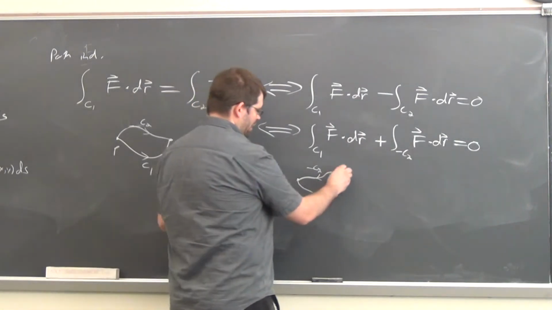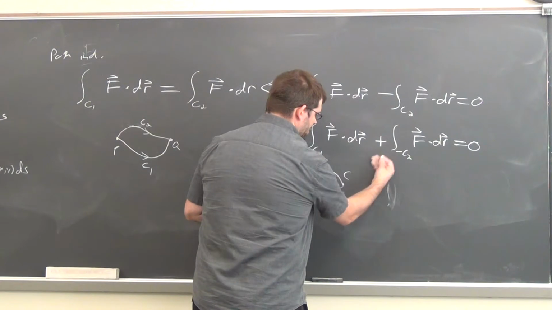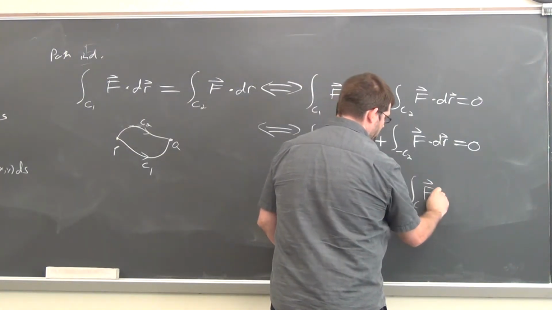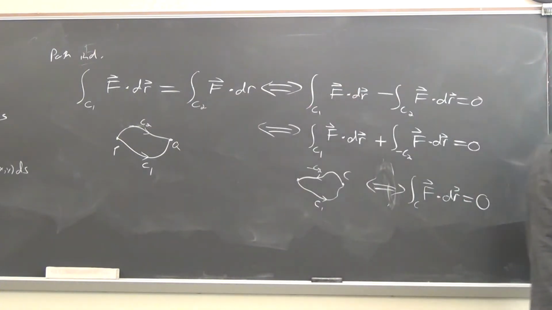And so if you call this whole thing C, that's my if and only if, the integral over C of F dot dr equals 0. Okay? And so this is our next theorem, essentially, right?